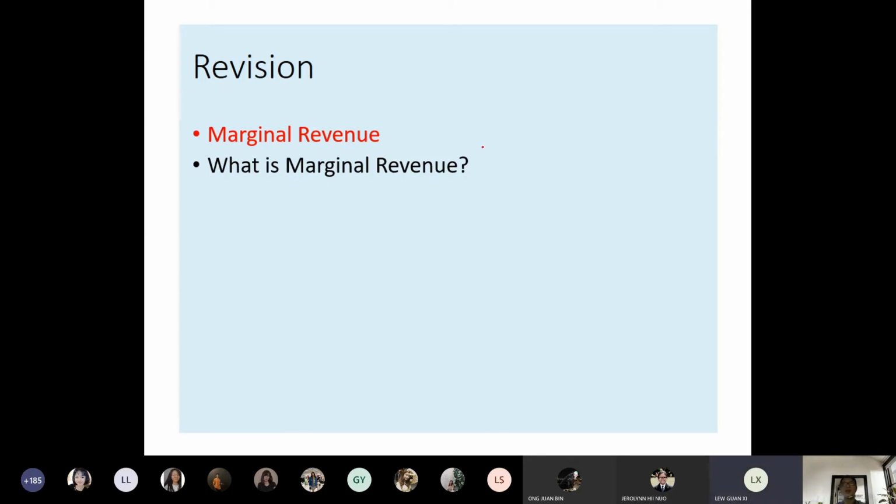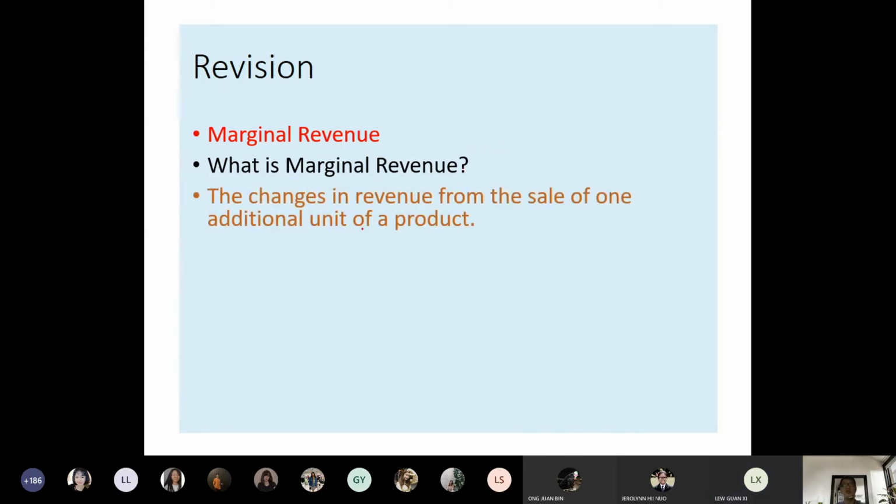Very good. It follows the same concept as marginal cost, but this time it's about revenue.